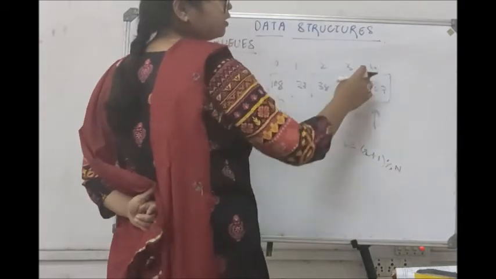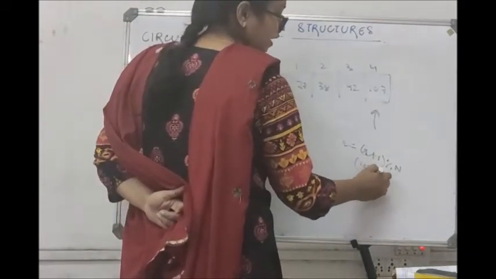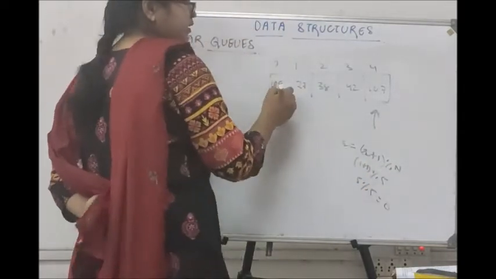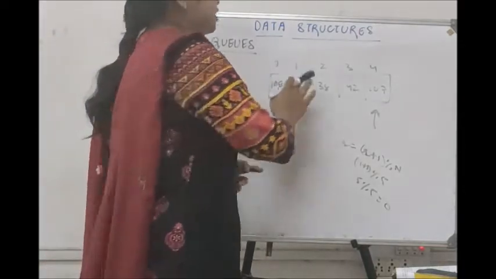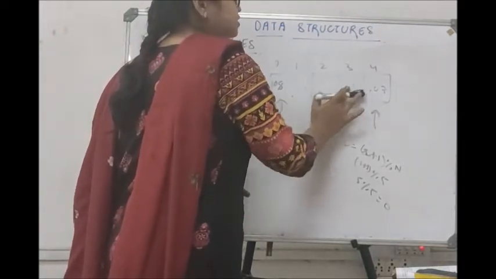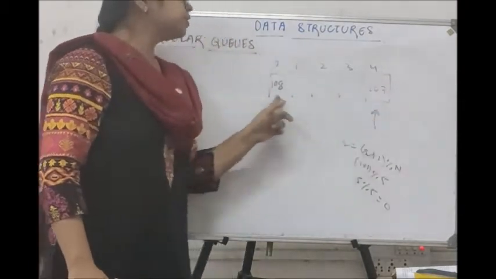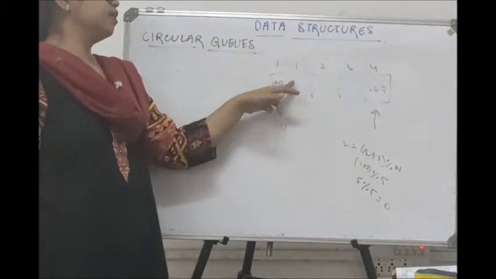What is R plus 1? 4 plus 1 is 5, and 5 mod 5 is 0. So R will be incremented as 0. This is the essence of a circular queue: if there is free space, even though you are at the end of the queue, the next element can still be added in the zeroth position. Now this is empty.